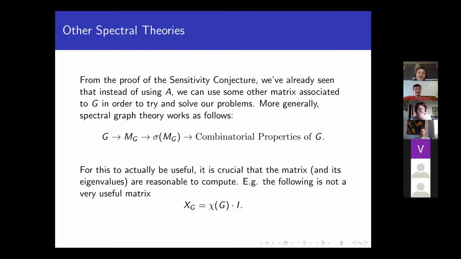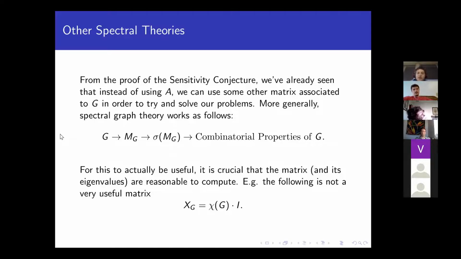But actually computing this matrix is an NP-hard problem. So even though in principle this matrix is great, in practice it's not feasible to work with. So it's not necessarily obvious in general how to find a matrix that does all three of these steps successfully.